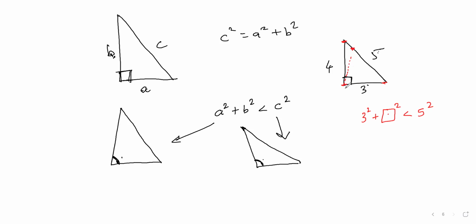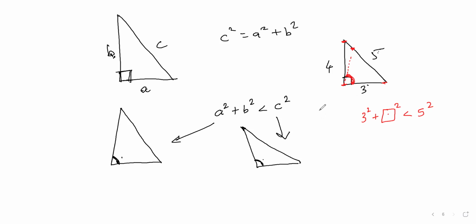Got it? And in that case, it forms an acute angle, right? So you've got to figure out A square plus B square less than C square.